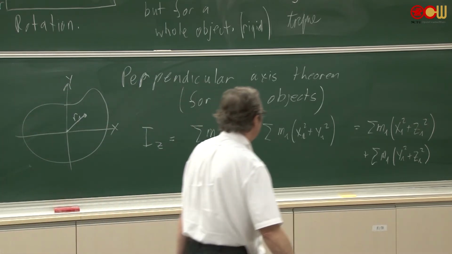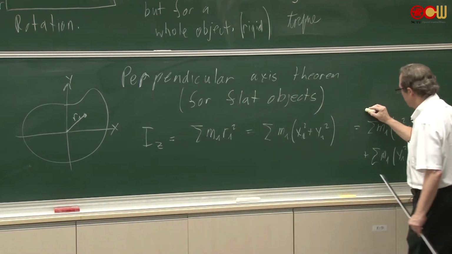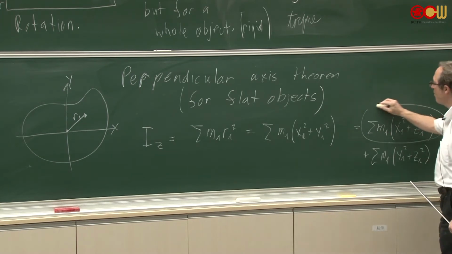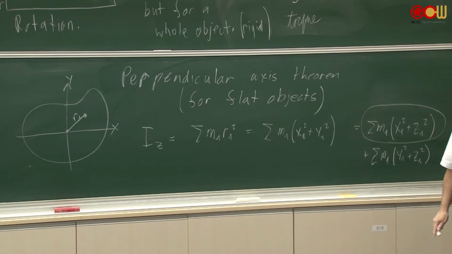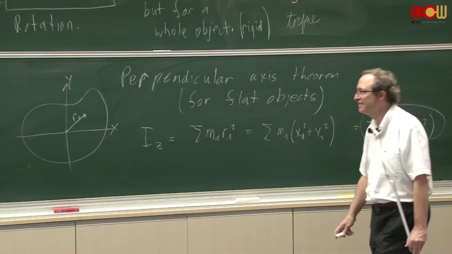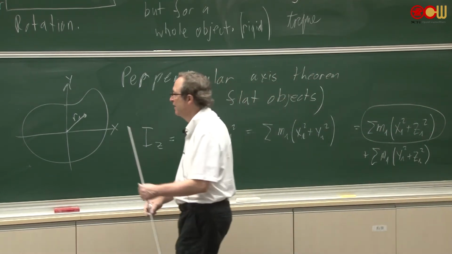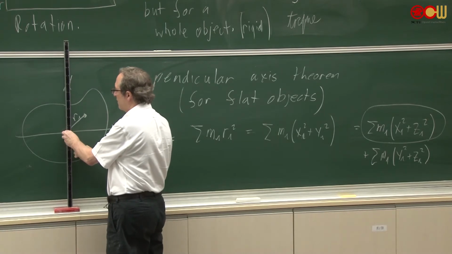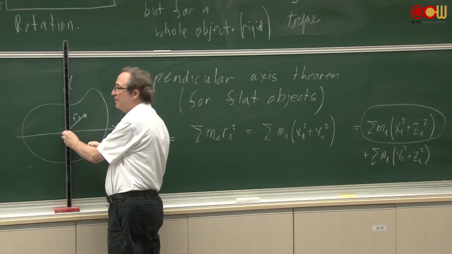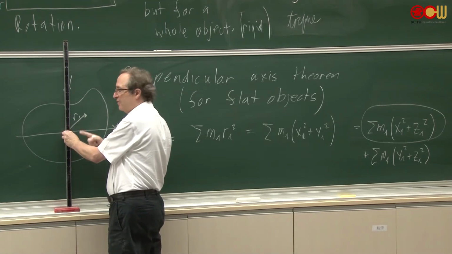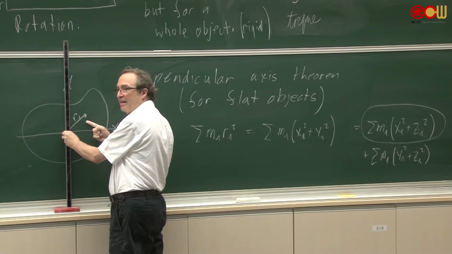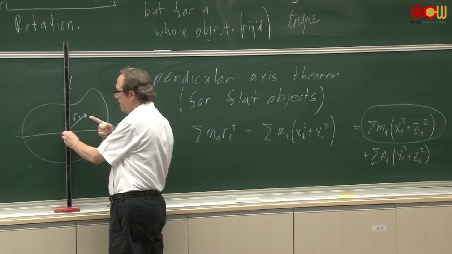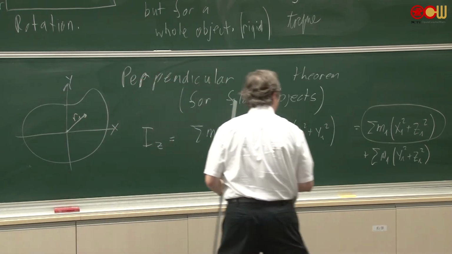OK. So what is this? This is the moment of inertia about which axis? The y-axis or the x-axis? Here's the y-axis. The moment of inertia about this is x_i squared plus z_i squared. And there's no z_i. So it's just x_i squared.